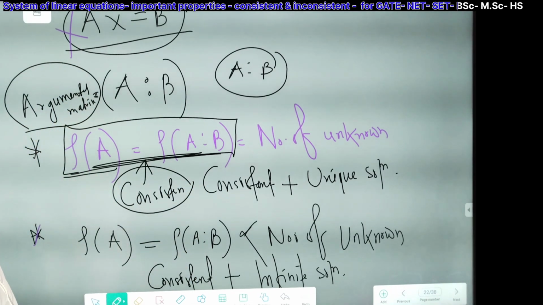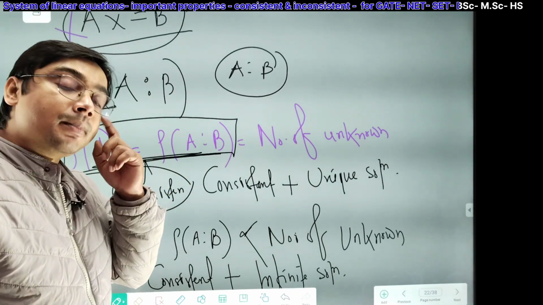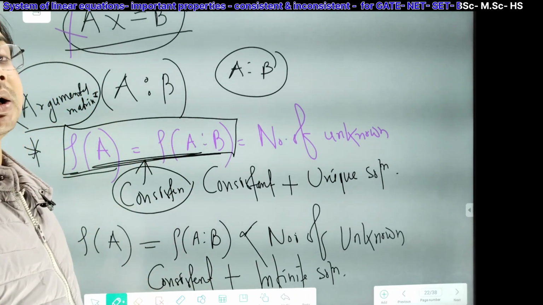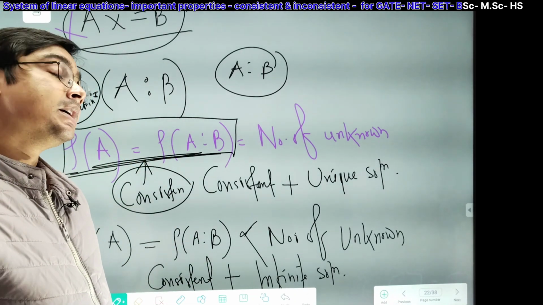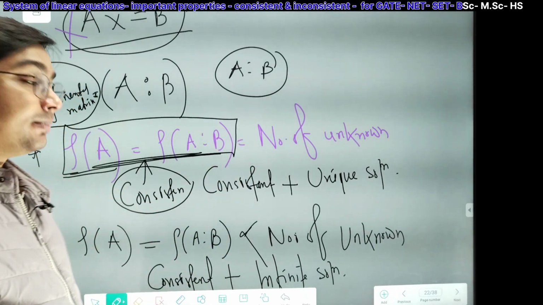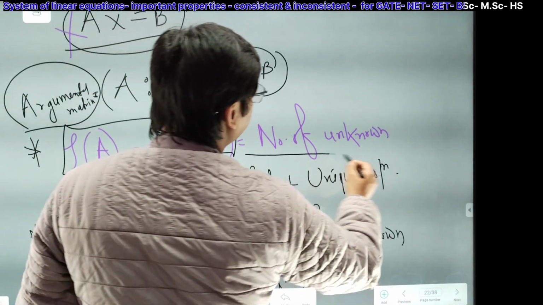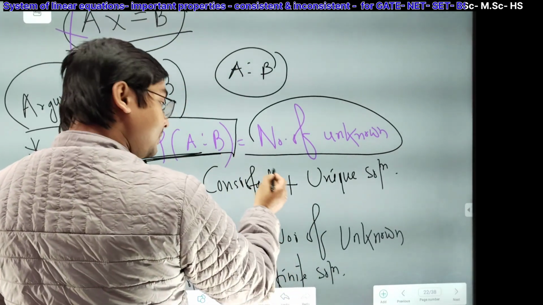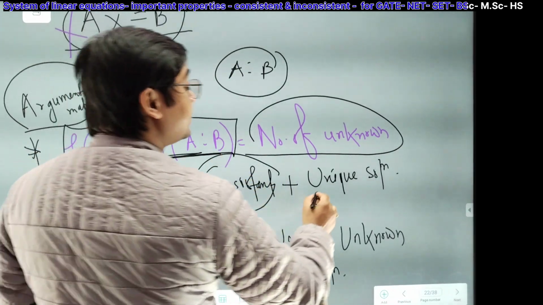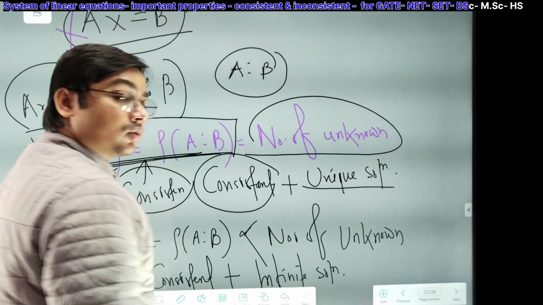And also, if these two are equal to the number of unknowns of the system, if these three are equal, then we call the system consistent, as well as it has a unique solution.